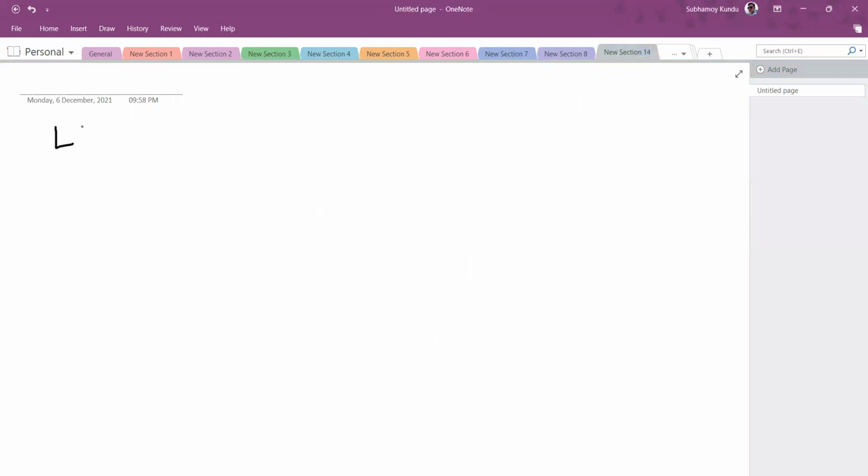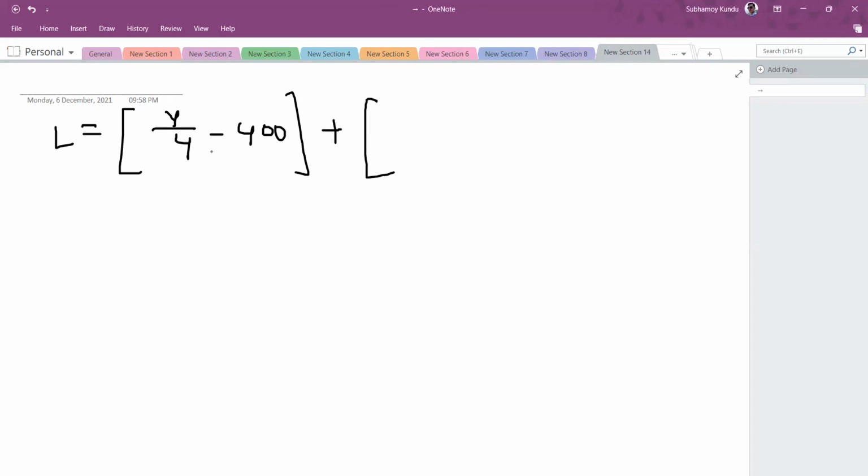So L is nothing but y by 4 minus 400 plus, it was y minus 1600 divided by 4. So this is nothing but y by 4 minus 400.